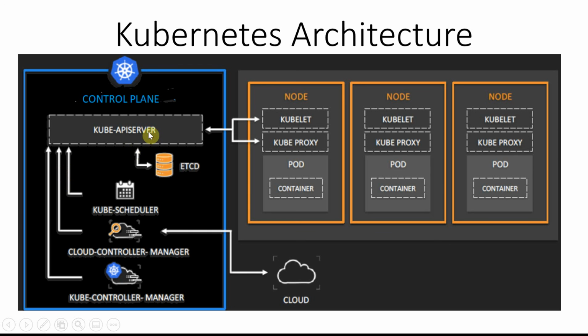Now the other component in the master is called the kube scheduler. The role of the kube scheduler is to decide in which node the pod should be deployed. When creating a pod, you can also have some conditions, like I need this pod in this region only.